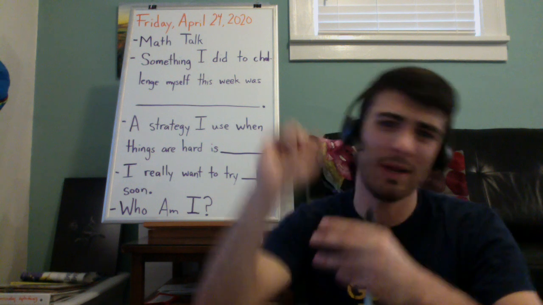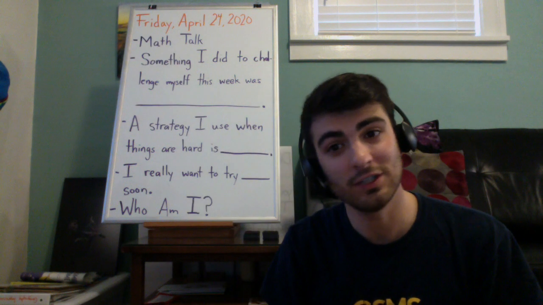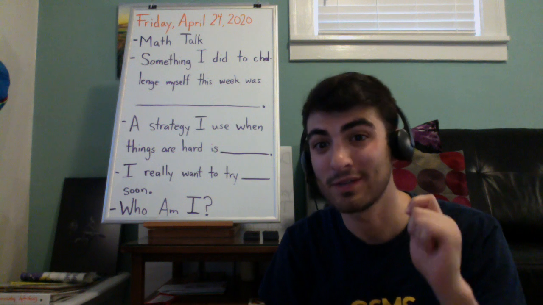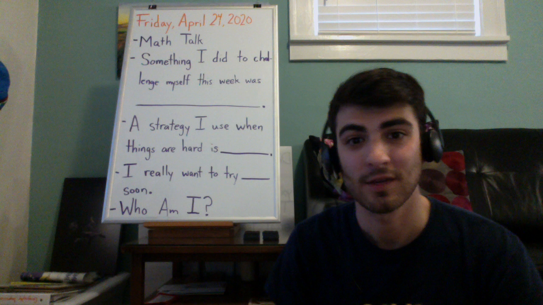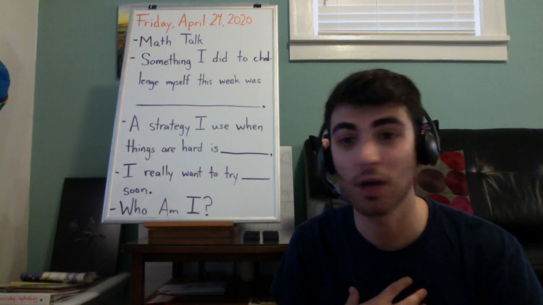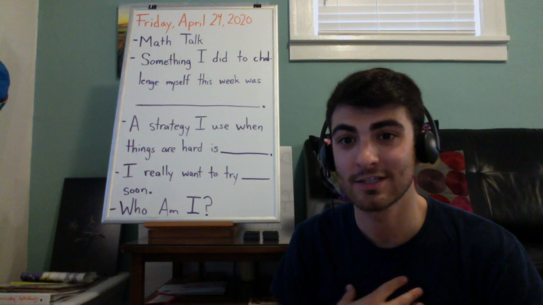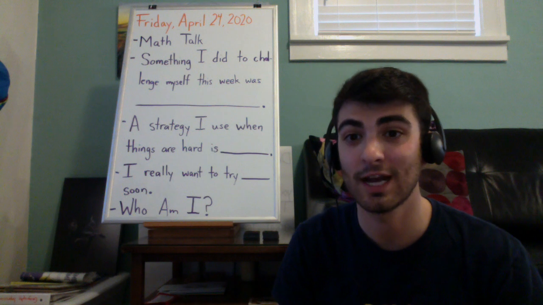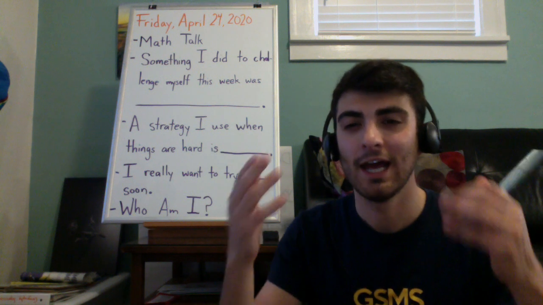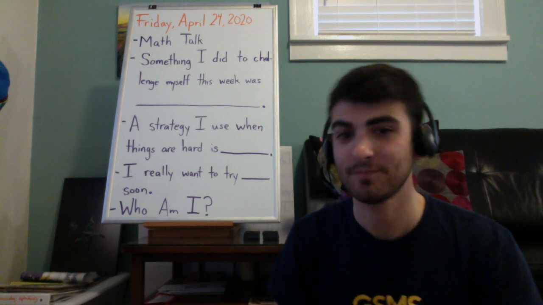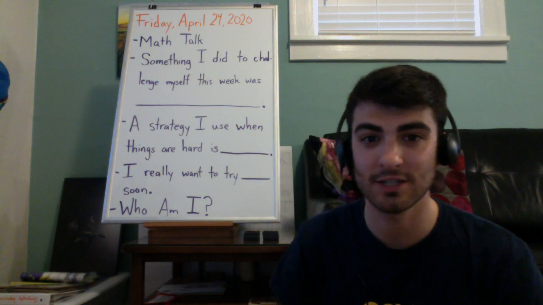Because crumpling up the paper, throwing it away, that certainly is a strategy, but it's not a productive or a helpful one. So, a strategy I use when things get tough, sometimes I walk away and go and take some deep breaths. Maybe I do that outside, get a drink of water, come back to it when I am no longer frustrated or upset. I'd love to hear your strategies.